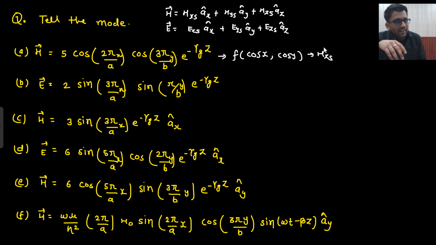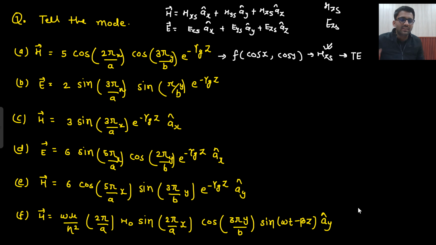So if hzs is existing, then which mode does it have to be? Transverse electric, right? Because if hzs is there, that means ezs will not be there. Both cannot be there simultaneously, right? It can be there, but we do not need to study it. In our rectangular waveguide, ezs and hzs simultaneously cannot be there.